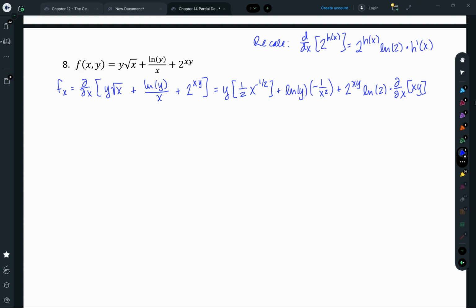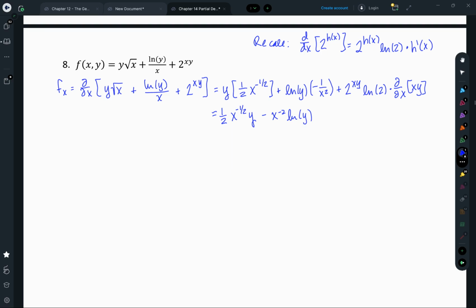Okay, so I'm going to go ahead and clean this up so that I have something nicer to work with. And I'm going to rewrite any exponents so that they're more conducive to taking derivatives of them. All right, so this becomes 1/2 x to the negative 1/2 times y minus, I can rewrite that 1 over x squared as x to the minus 2, times ln of y.